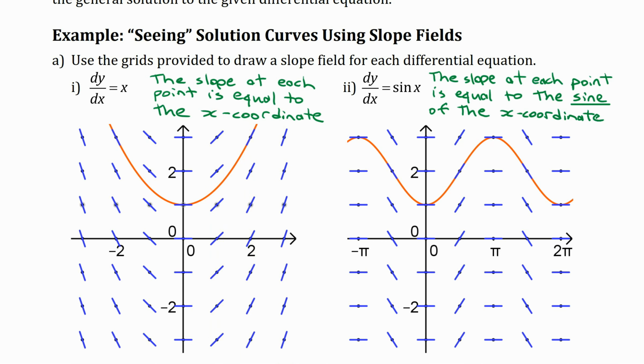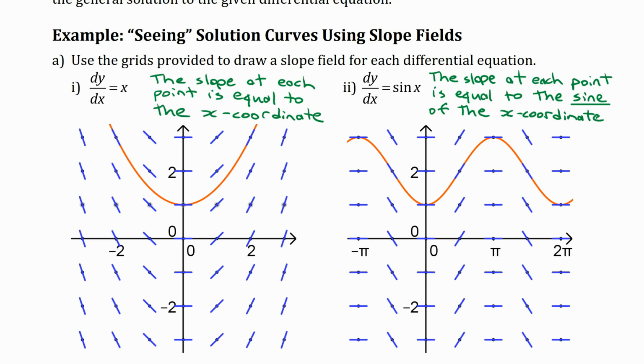If you want a slope of 2, hold your ruler so it goes 2 up for 1 over, and draw those little line segments. I know it's tedious to draw by hand, but it gets the idea across.